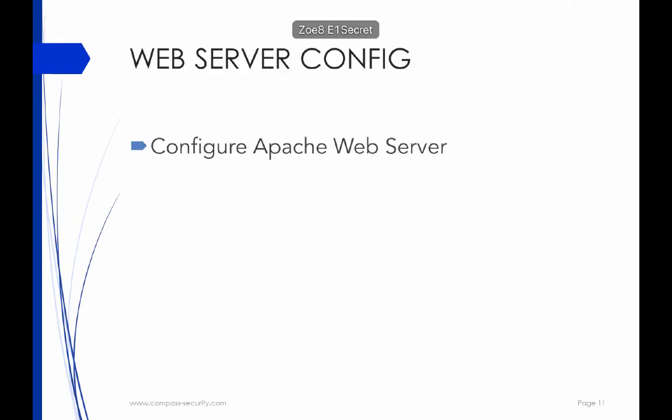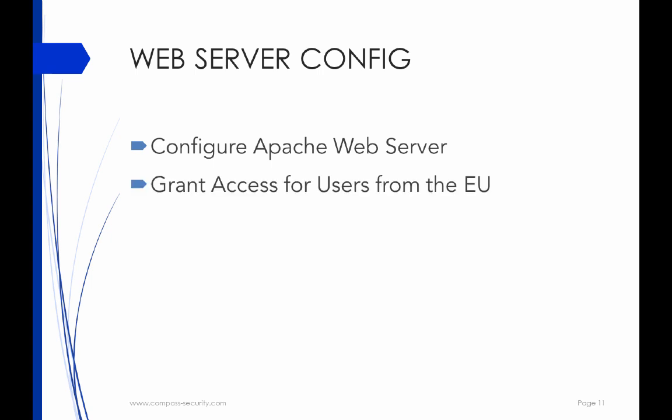Now the Apache Web Server configuration needs some directives for enabling client certificate based authentication, and at the beginning of the tutorial we want to grant access for the users from the certification authorities from EU and from US.